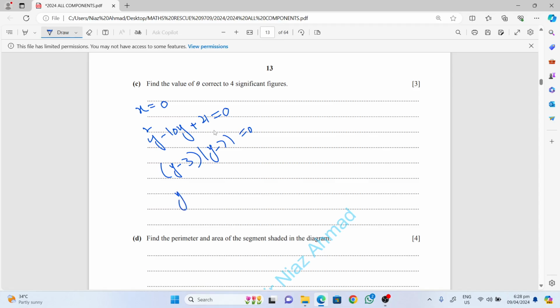So you are getting the values for the y, that is y equals 3 and y equals 7. So if x is 0, the coordinate for A is 0, 7, and for B, x is 0 and the next thing is 3. So get the length of the AB. The length of AB whole square would be 0 square plus 7 minus 3 is 4, and 4 square, the length of the AB will be 4.